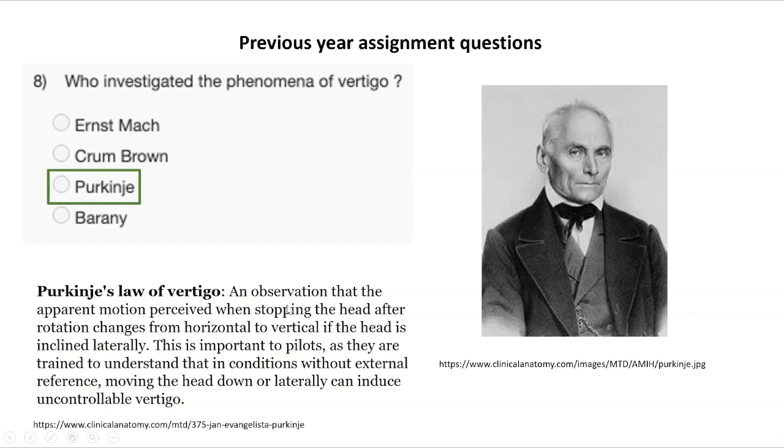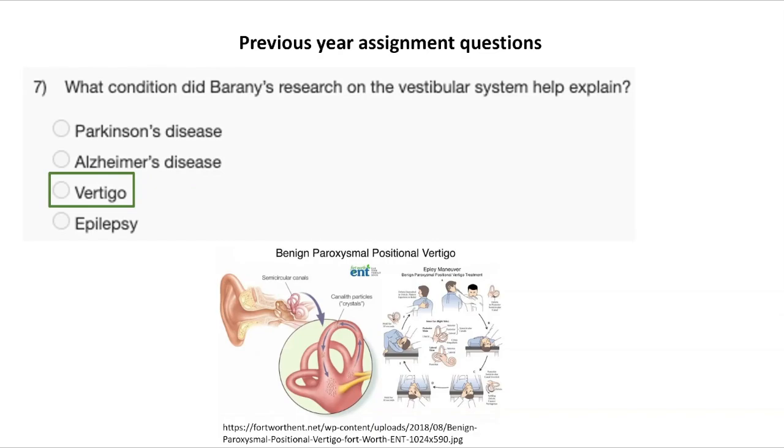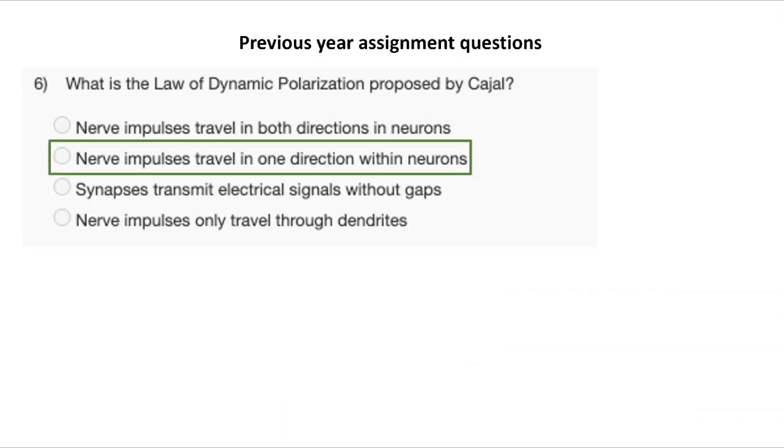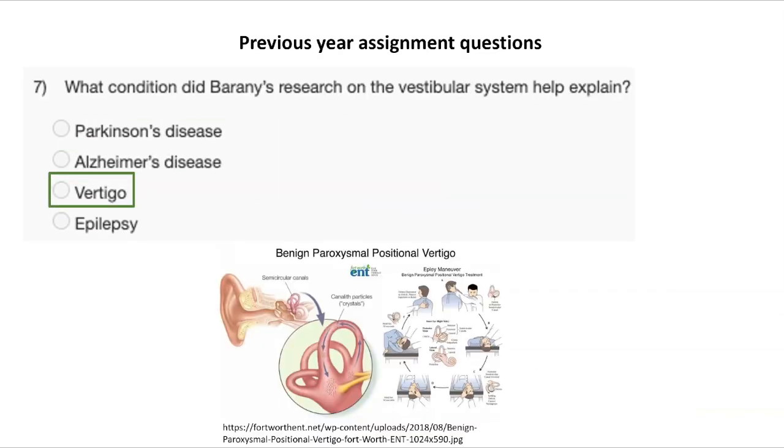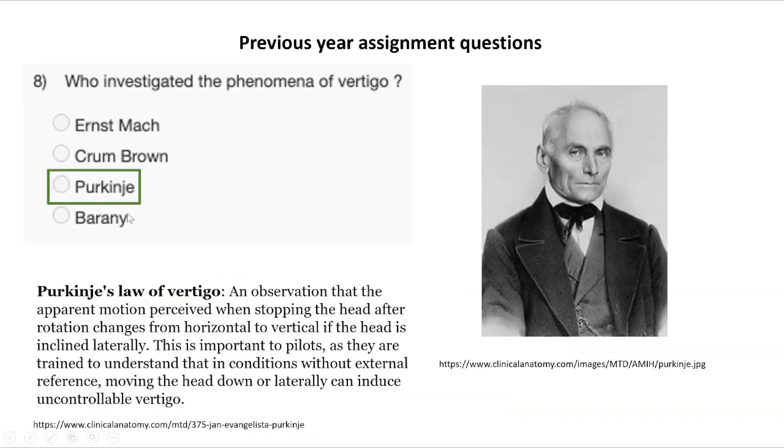So this was Purkinje's law of vertigo, and the work of Purkinje came before that of Barany. Like I said, Barany was not the first to study the phenomenon of vertigo. There were others, and Purkinje was one of them who came up with the law of vertigo.